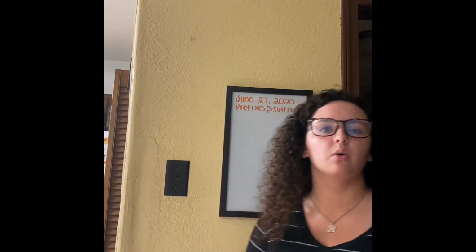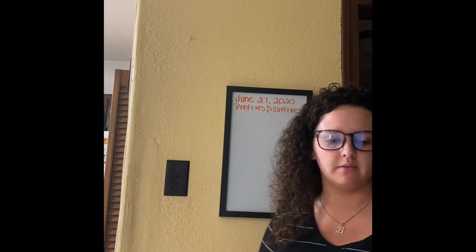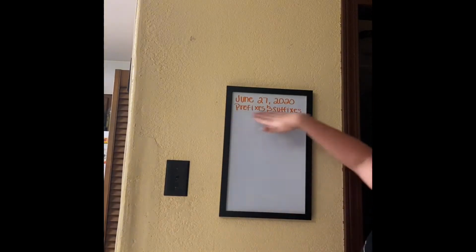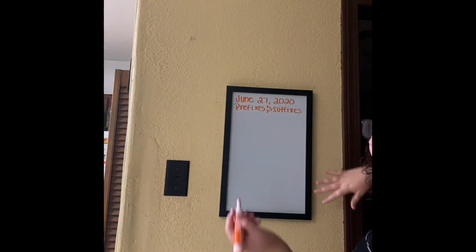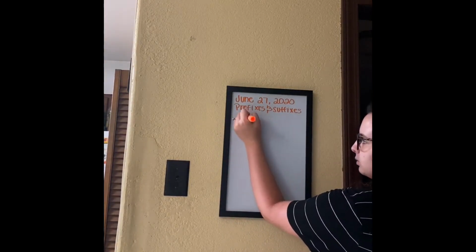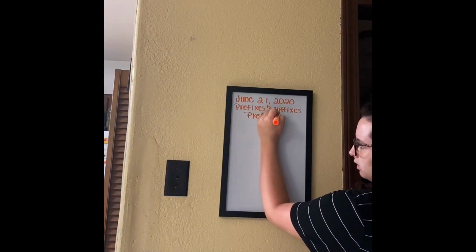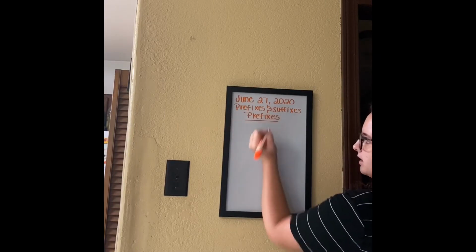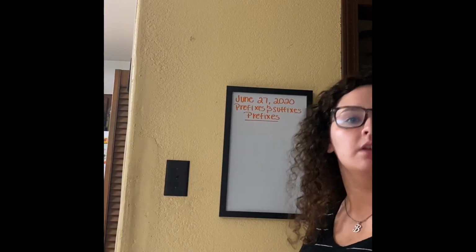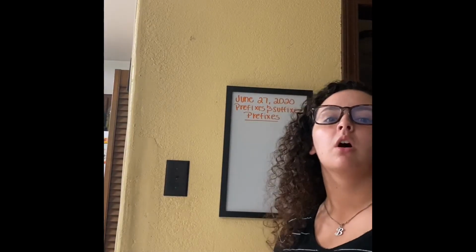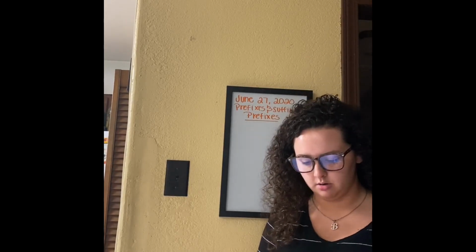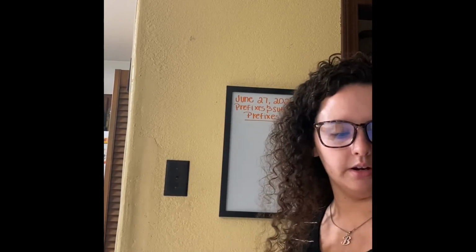Okay, so we're going to start with prefixes first. So everyone get the top of your paper, you have this on your header, and then go ahead and write prefixes in the middle. So that's where we're going to start. Right? And underline it so you know that's the topic that we're starting with. Our first prefix that we're going to learn is going to be un.